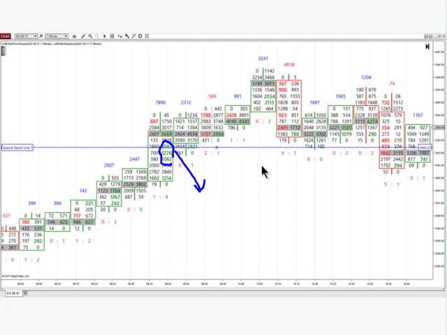Next level up, more buyers, more aggressive buyers. 1,276. Next level up, 3,507. Prices going up. It's getting more expensive, but there's more buyers? You think I'm going to short it there? Absolutely not. You can see the momentum inside the candle as this thing is moving up. There's no way I'm stepping in front of that train.